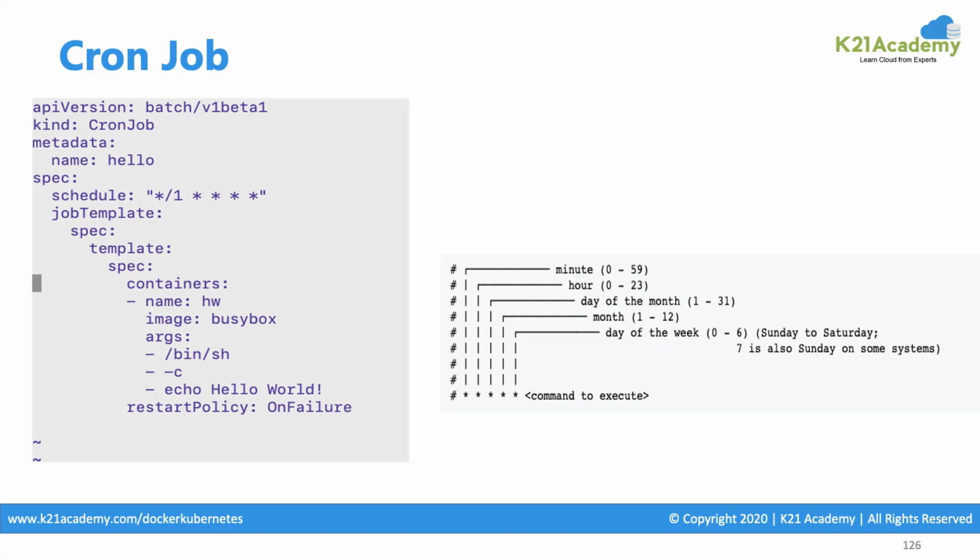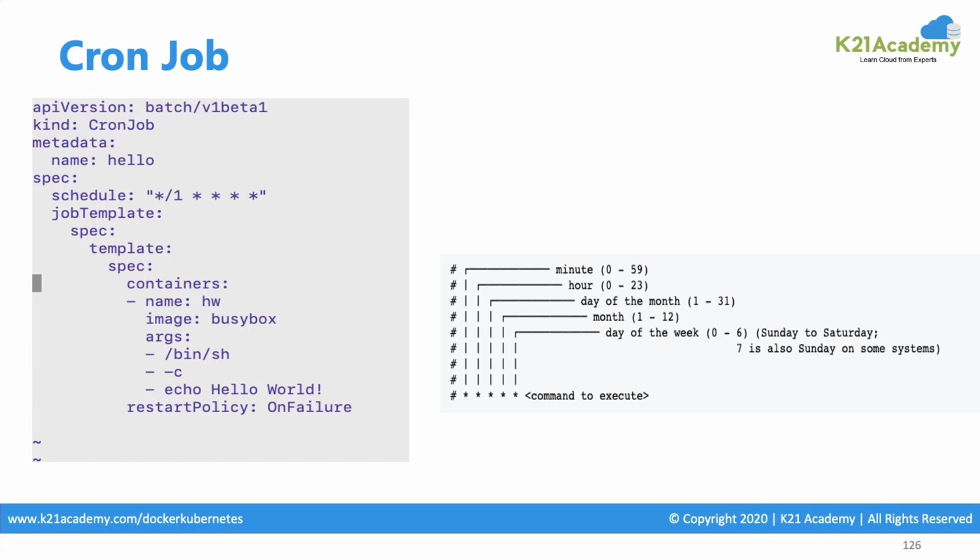And in the job template, you see the specification, and the template which we see is the specification of the pod. So the cron job will have the job, and inside the job you have a pod template. And inside the pod, as usual, we have a container, which is actually the Linux process.